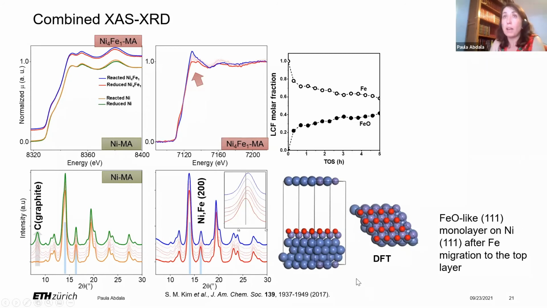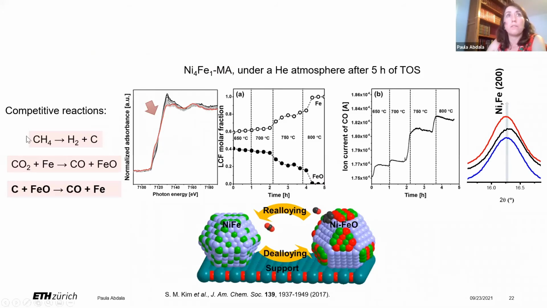So now, well, we have observed that iron oxide is indeed present under reaction conditions. But how can this iron oxide prevent the formation of carbon in our catalyst? For this, we can look at several competing reactions here. There is, from one side, carbon formation due to methane decomposition.